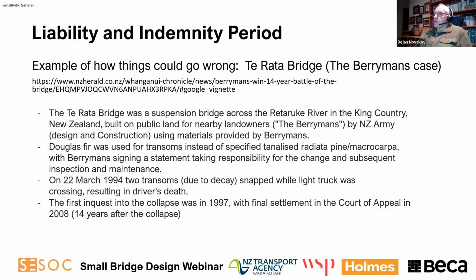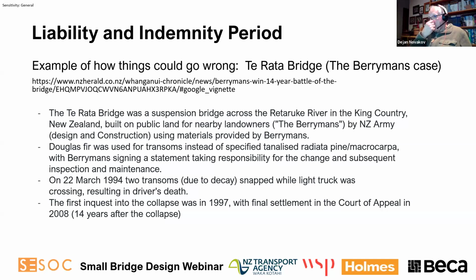That was a suspension bridge across the Returuke River in Kings Country in New Zealand, built on a public road for nearby landowners, the Berrymans, by the New Zealand Army, who did design and construction, using materials provided by the family. So Douglas fir was used for transoms on the bridge instead of the specified radiata pine or macrocarpa, with the Berrymans signing a statement taking responsibility for the change and subsequent inspection and maintenance of that component of the whole bridge.